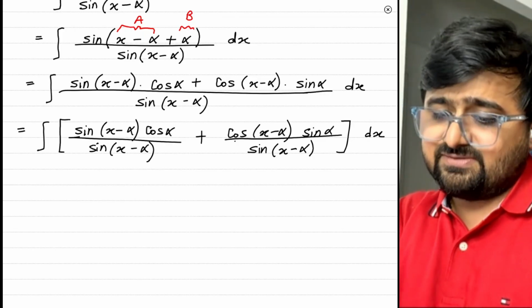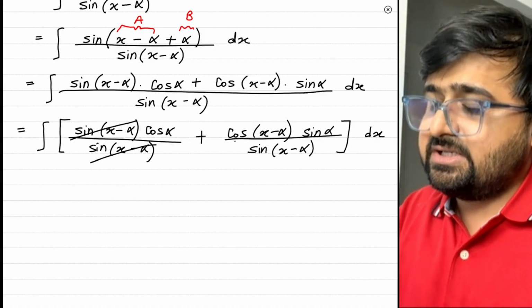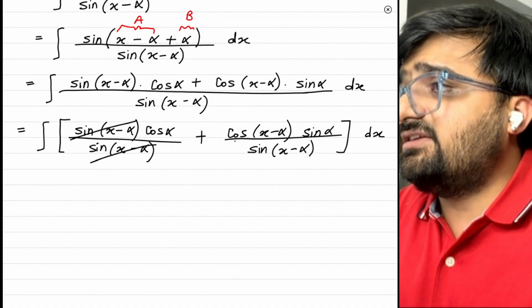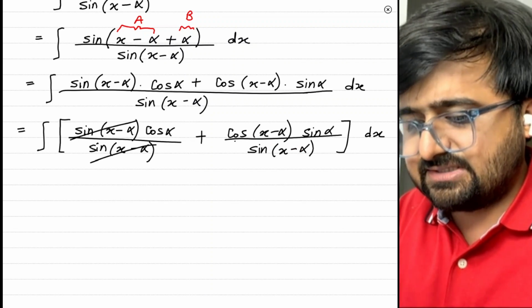Now we can cancel a lot of things. The sine x minus alpha and sine x minus alpha will get cancelled. That cos of x minus alpha divided by sine of x minus alpha will become cot of x minus alpha.